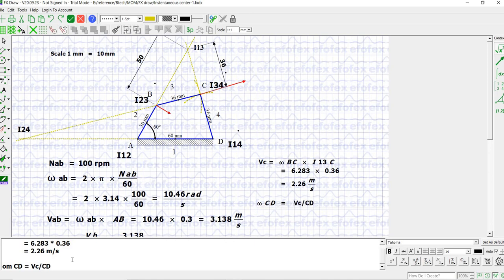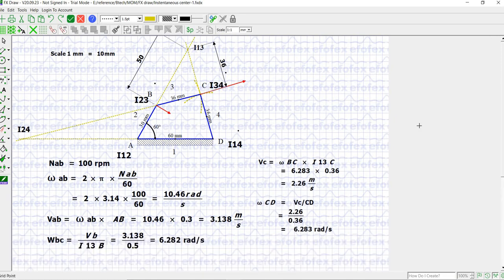That is the angular velocity of the output link, which is equal to 2.26 divided by 0.36, which is equal to 6.83 radians per second. So that's how we find the angular velocity of the follower also. This is how we find the linear velocities and angular velocities using the instant center method.